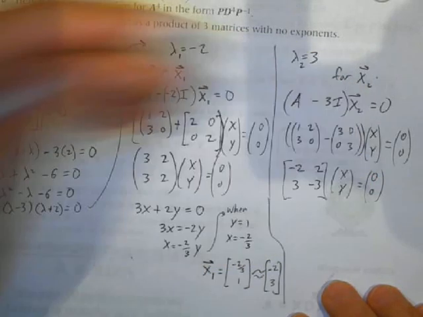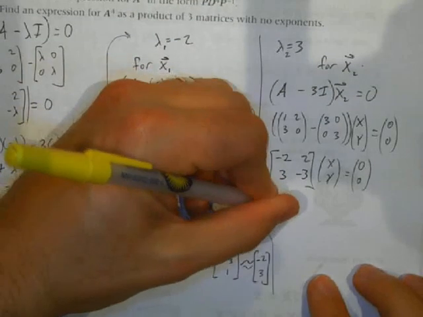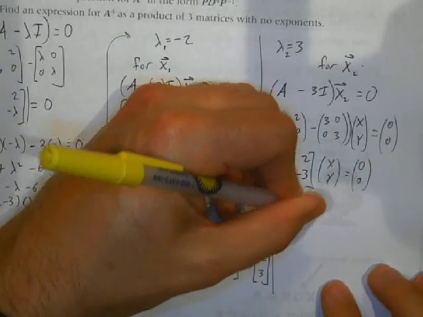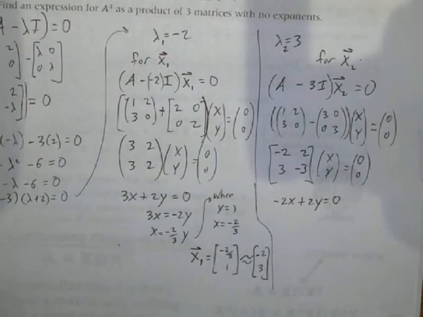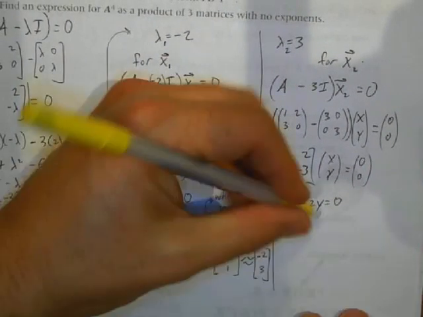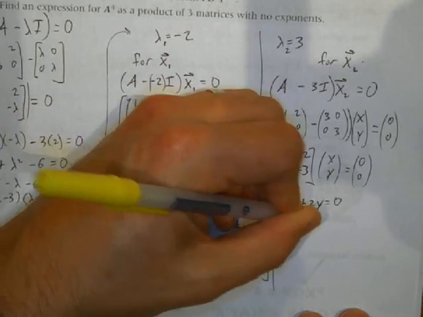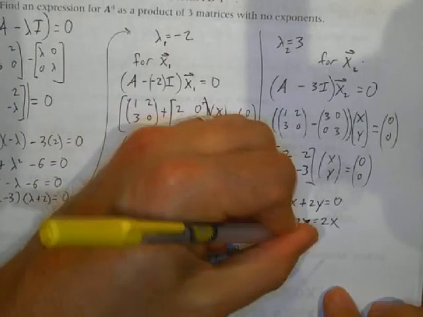Okay, let's get our equation. Negative 2 times x gives me negative 2x. 2 times y gives me plus 2y, and then equals 0. Okay. Let's add 2x on both sides. So I end up with 2y equals 2x. So then I have y equals x.